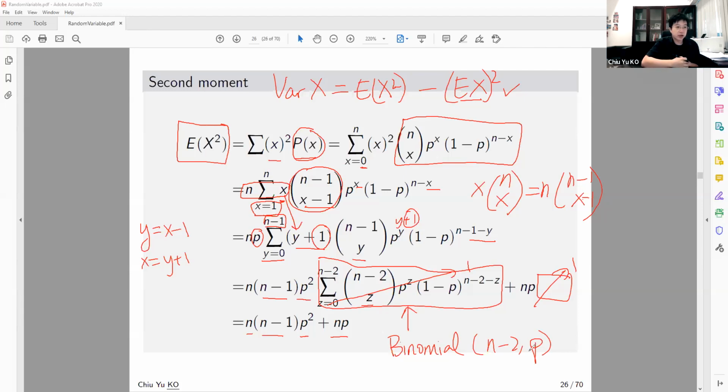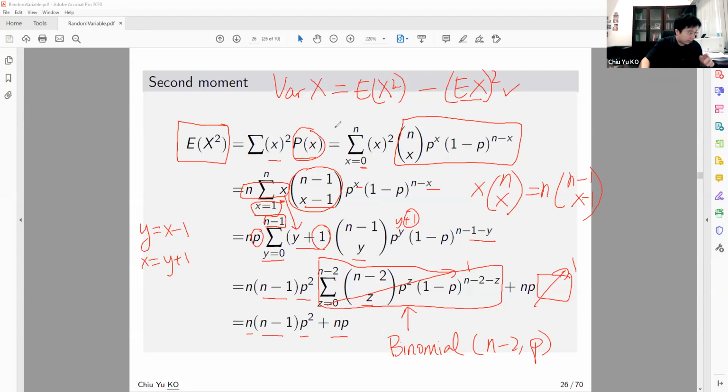Actually, it's the same trick we have done before. Is it clear? Just a mean. Because this guy is 1, that's why we can rewrite np, n minus 1 p squared. So that's the idea. Same as what we've done before, but just a little bit more complicated.